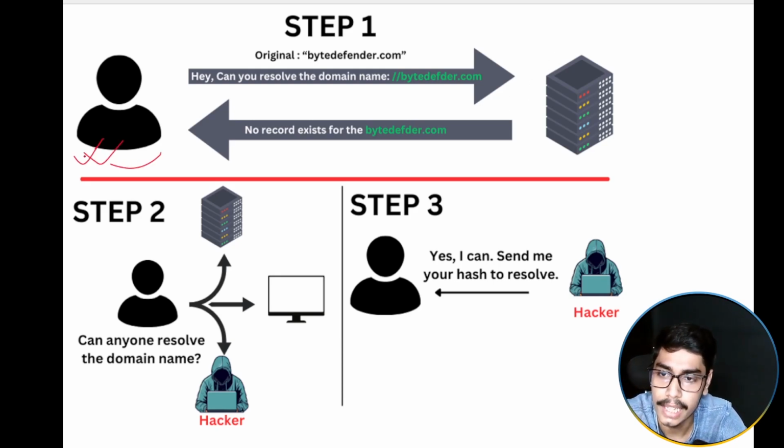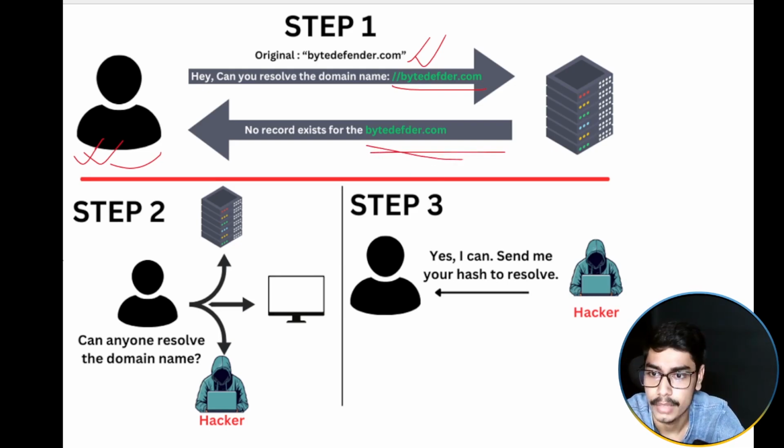Here you can see the client wants to access a share with the domain name bytedefender.com, but the client makes a typo entering bytedefender.com. In that case, the DNS server is unable to resolve it because it doesn't have any record for this. After that, the client broadcasts an LLMNR packet to check if anyone can resolve the domain name.